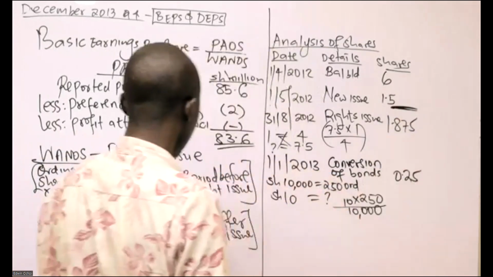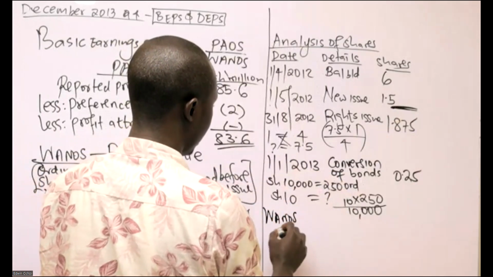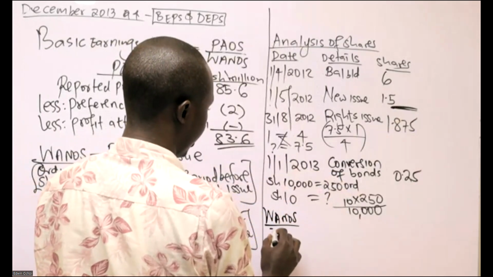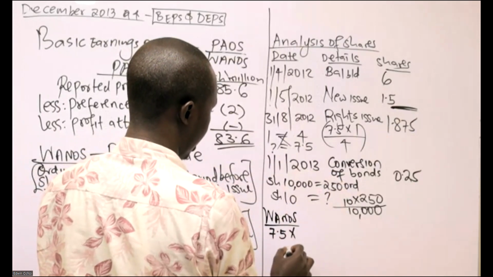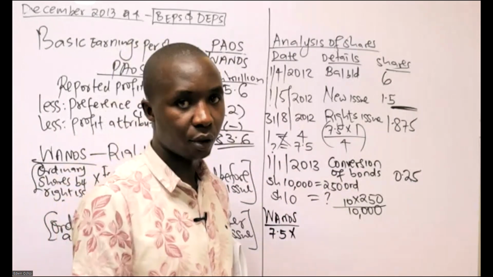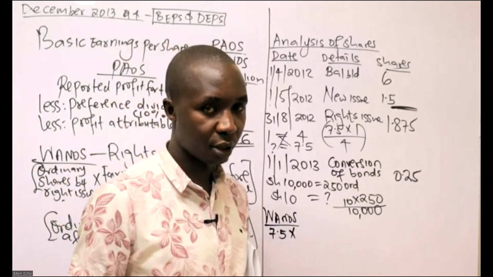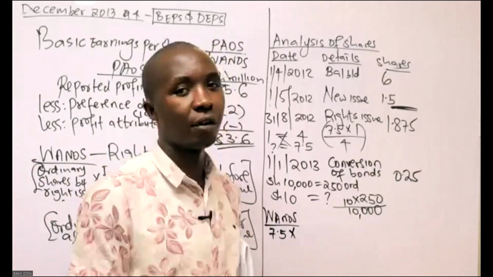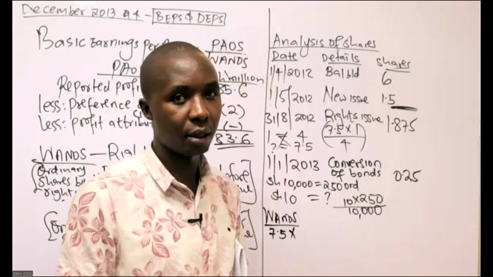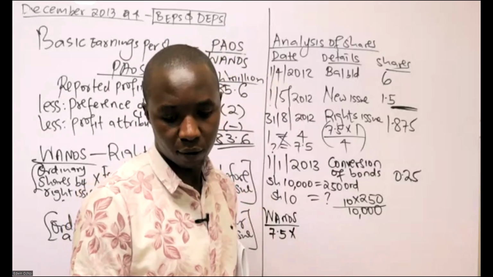So the one now would be 7.5 times the fair value. For the fair value, you go to additional information number 3, whereby they have mentioned the aspect of the rights issue. And obviously, the fair value would be higher than the price of the rights issue.